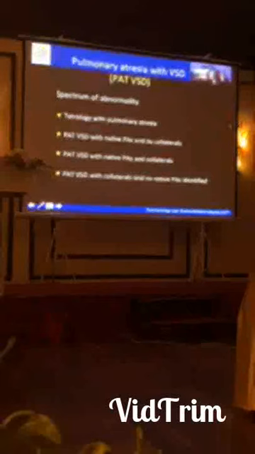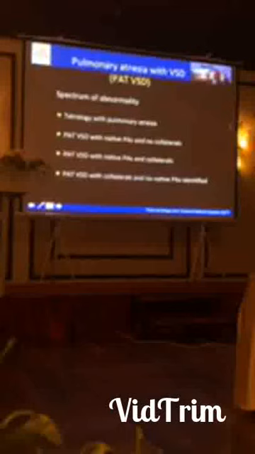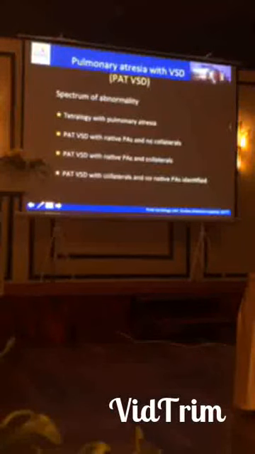So this is a spectrum of abnormalities, so they don't all look the same, they don't all behave the same, and they don't all have the same outcome. So at one end, it's the severe end of tetralogy of Fallot, so you can see a small pulmonary artery that looks like it's connected to the right ventricle, but there's no forward flow.